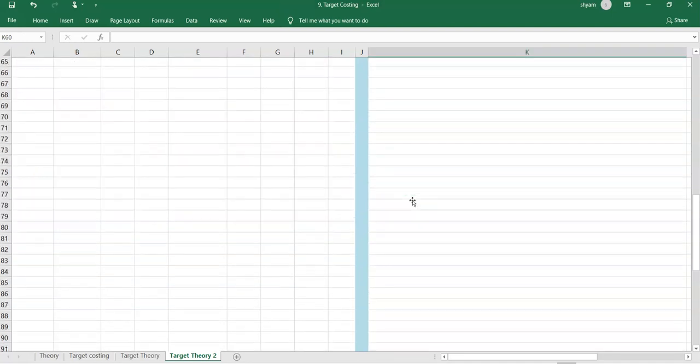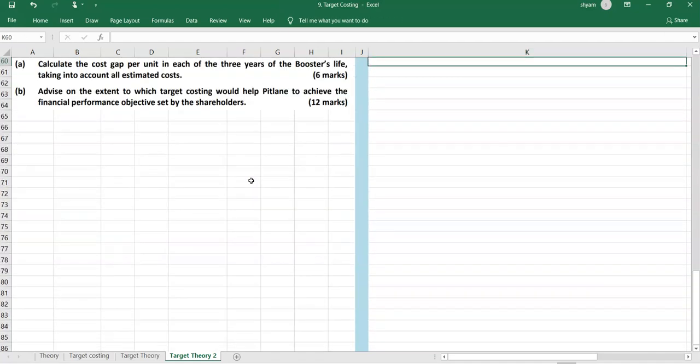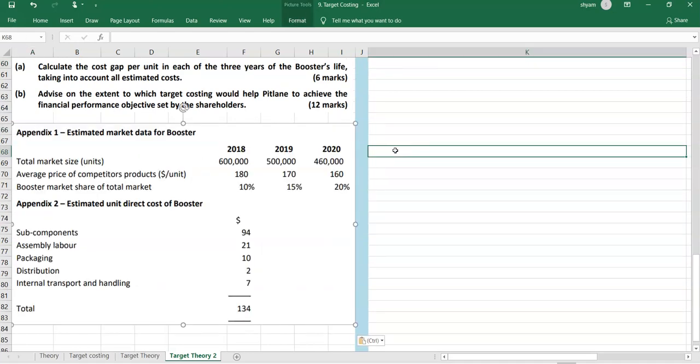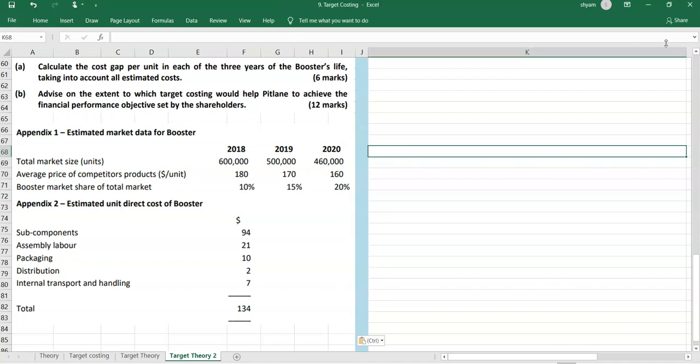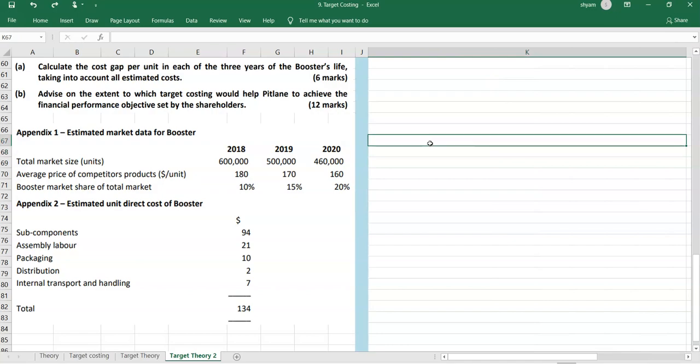So they have given the numerics here. Let's find out. So we have done the theory part.